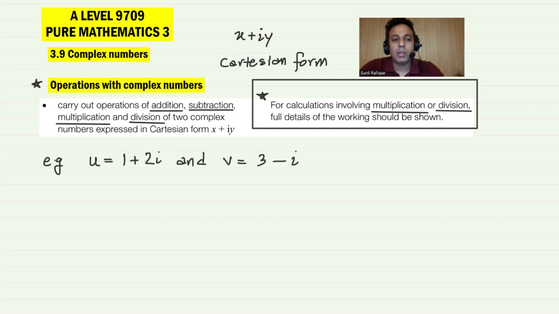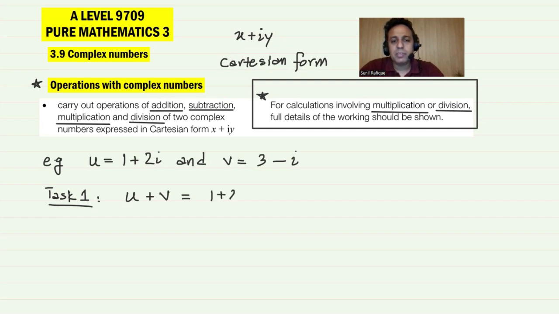Task 1: let's do u plus v. If you have studied it before, you can pause the video and try to add them on your own. Then come back and check my work.